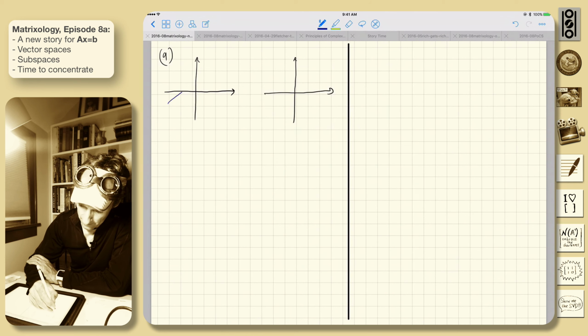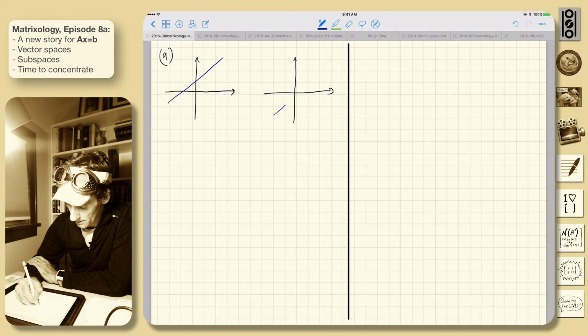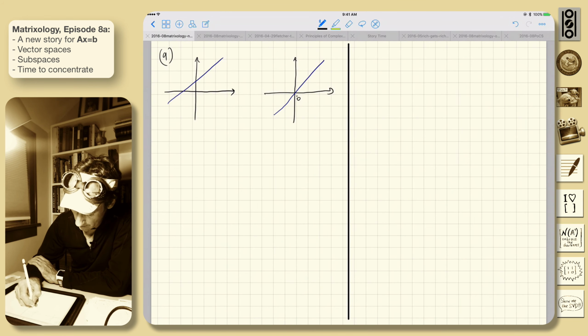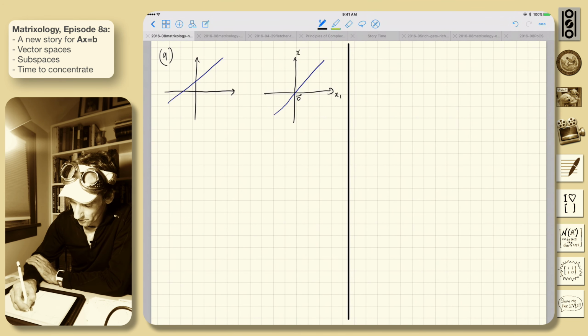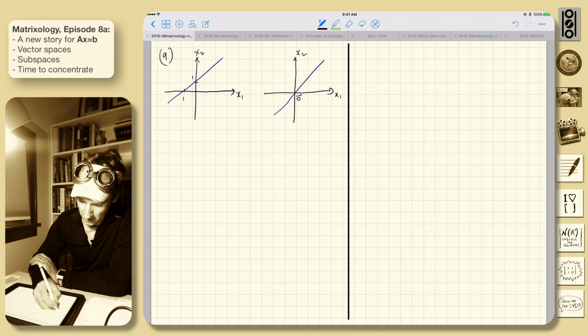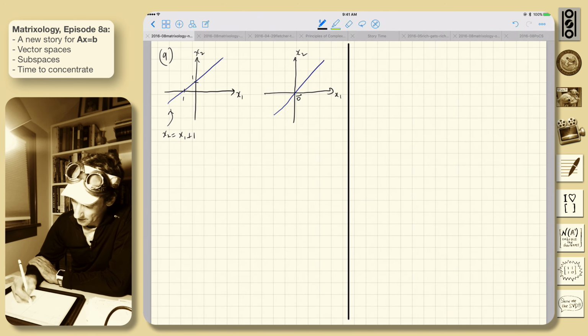Let's say this line here and this line here. One of them clearly goes through 0, the zero vector. This is x1, x2. Let's say this is 1 and this is 1. So this is the line x2 equals x1 plus 1, and this is the line simply x2 equals x1.